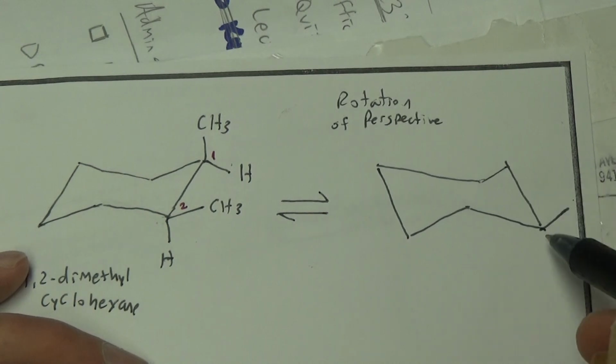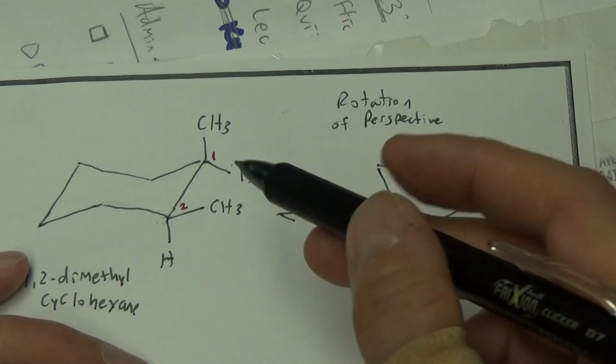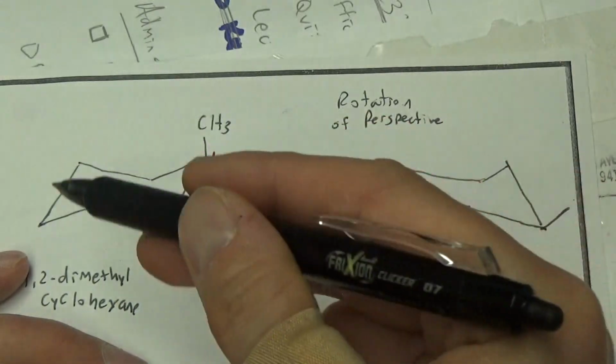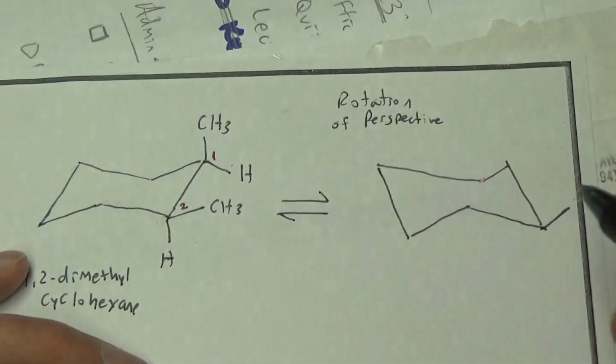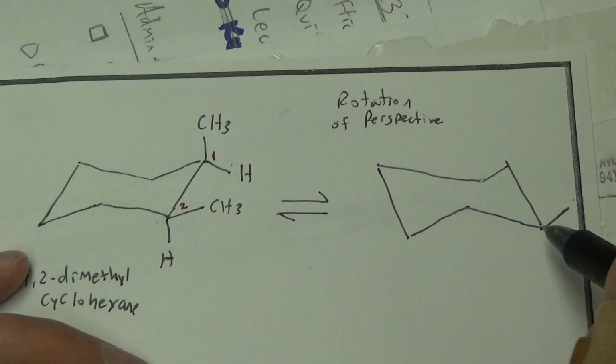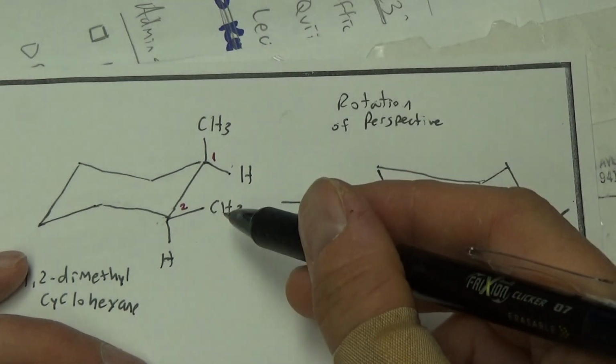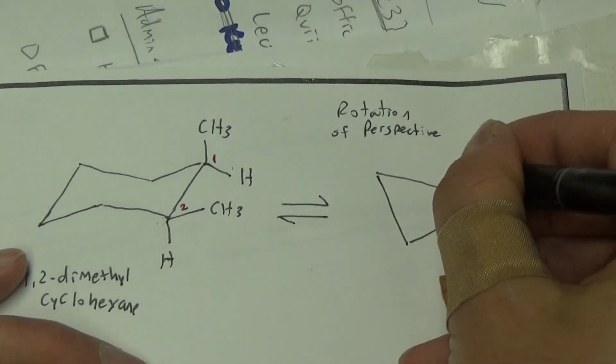And then if that's 1, where's 2? We have to keep our same orientation. So it's clockwise here, clockwise here. So if this is 1, 2 is there. This is your second carbon, and it was up and equatorial. Now it is up and axial.